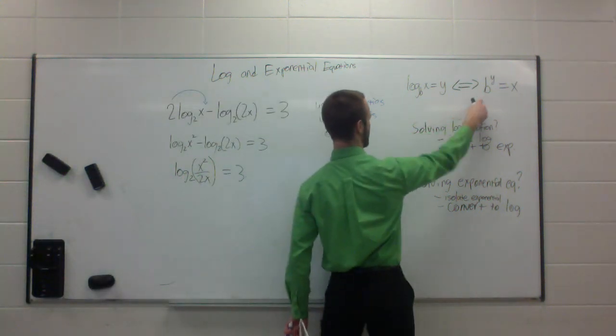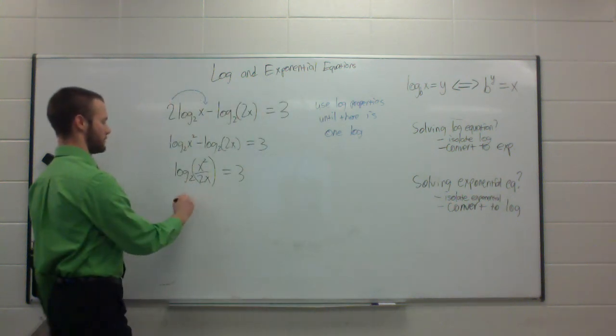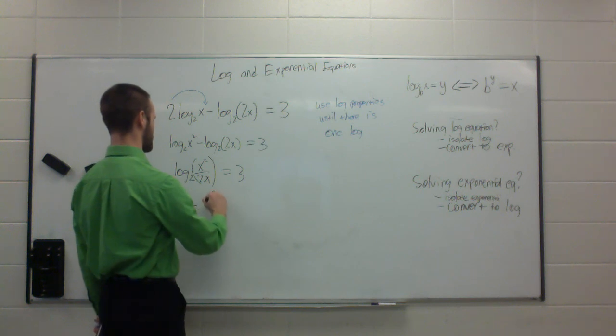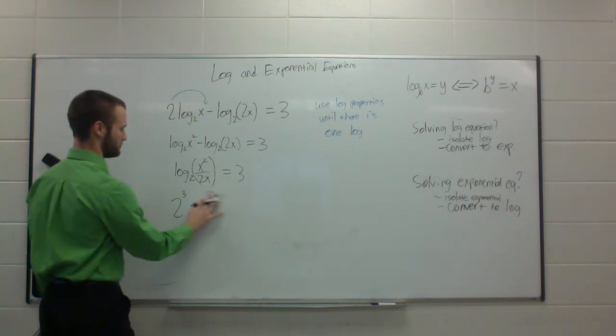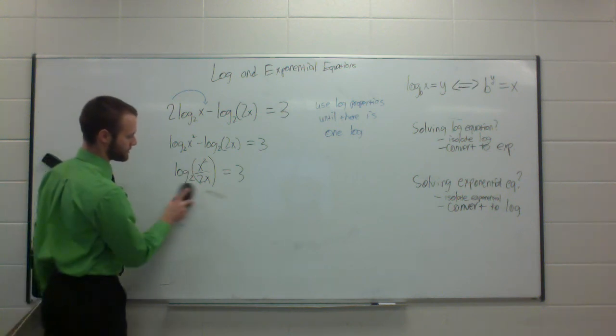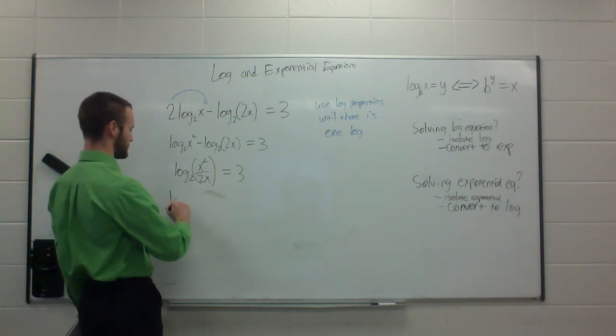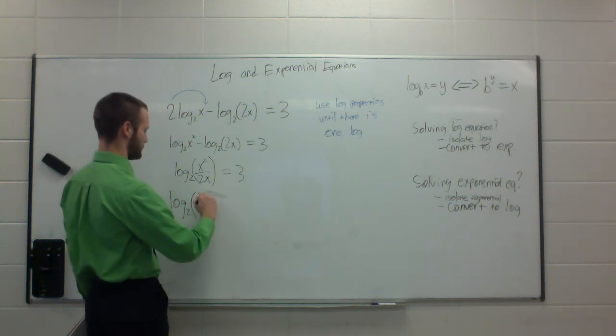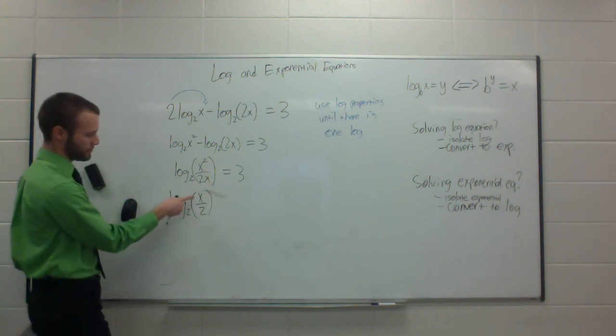So I convert it to exponential form. Almost forgot, x squared over 2x simplifies to log base 2 of x over 2, right? x squared divided by x becomes x, over 2.